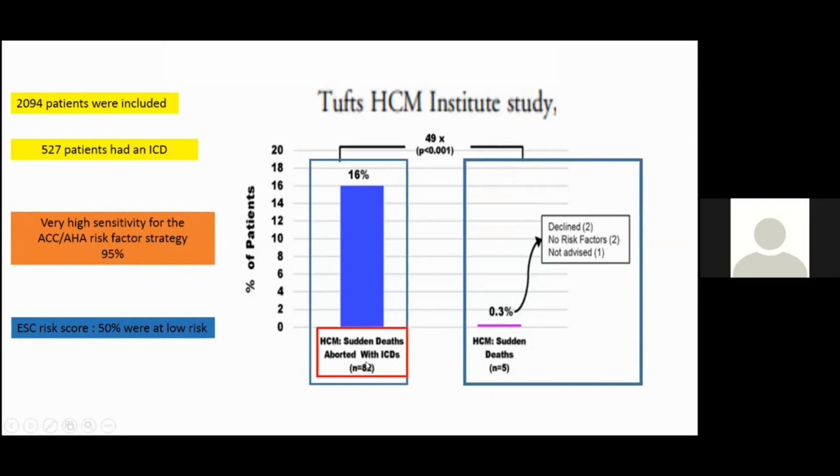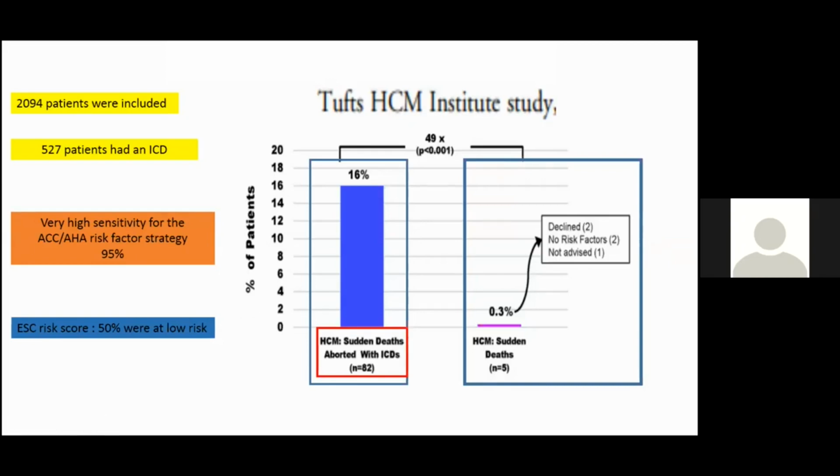Because the number of patients in this study who had a cardiovascular event was 82 who have been saved by the ICD shock, and 5 patients who have died because they didn't have an ICD. And now what did they do?